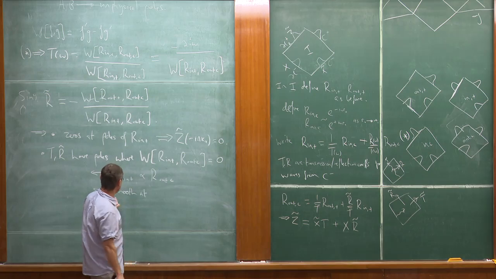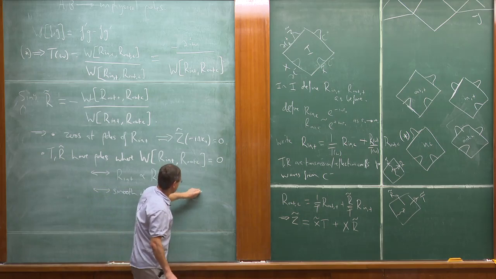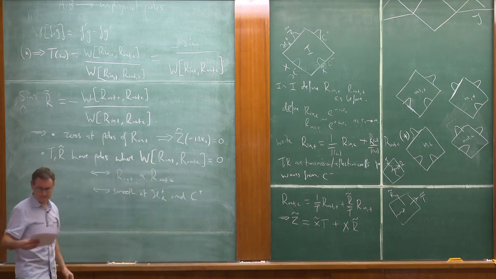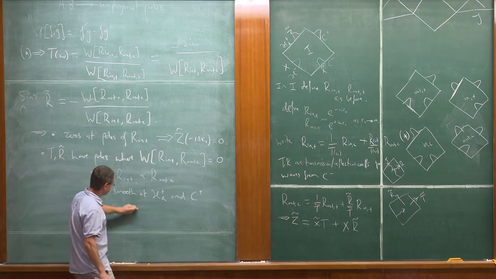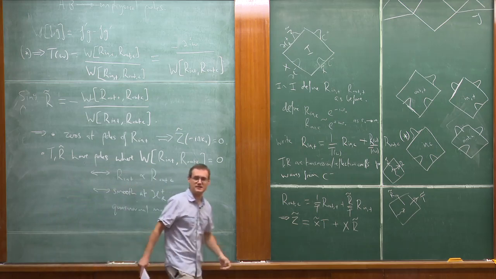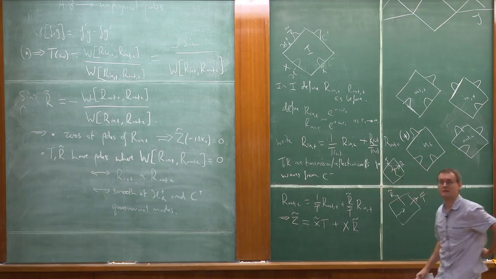So a definite frequency mode, which is smooth at the future event horizon and the future cosmological horizon. That's precisely the definition of a quasi-normal mode. So the poles in T and R are precisely at the quasi-normal frequencies.